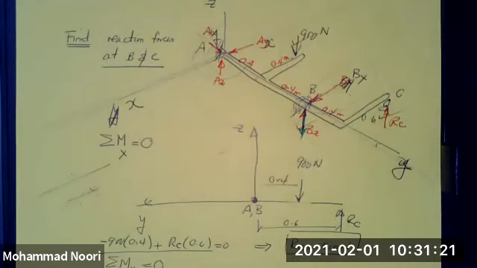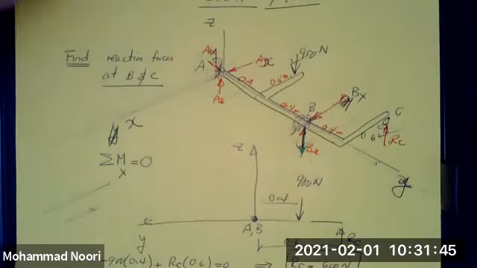So it is normal, and I highly recommend, that's my advice, that you always start with summation of moments and consider summation of moments in such a way that you can get rid of as many unknowns as possible. That's the general approach.